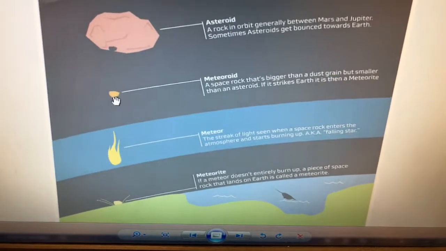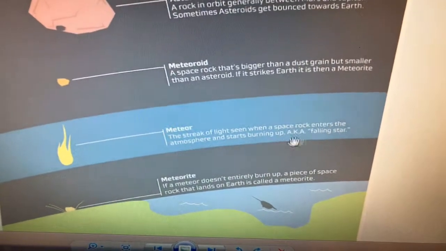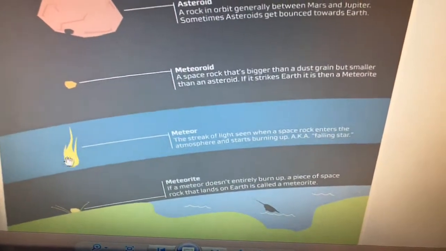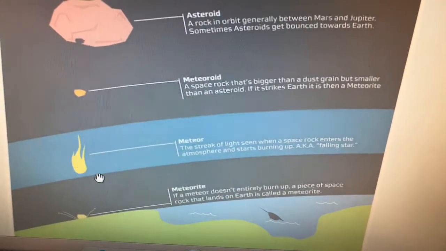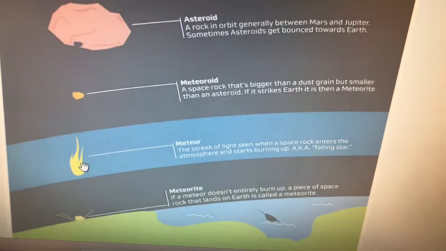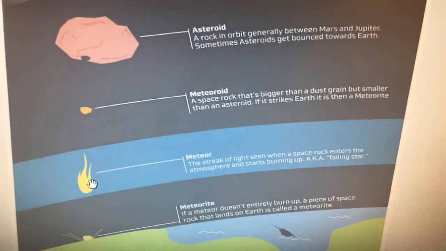And then it goes to a meteor when that meteoroid comes into our atmosphere, you're going to see it as this streak of light. And we call those falling stars or shooting stars. And that piece of rock is burning up in the layer of our atmosphere called the mesosphere. And it's kind of our defense mechanism against these chunks of space rock.